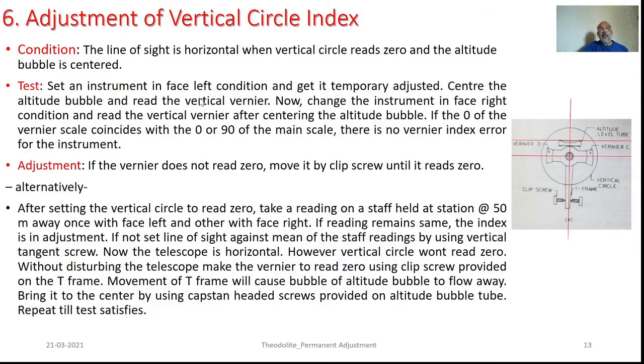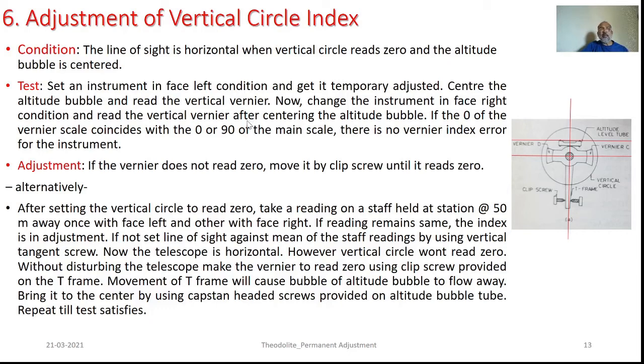Initially, let's set the equipment with the face left condition and get it temporarily adjusted. Now center the altitude bubble tube and read the vertical Vernier. Again, change the face of the equipment and read the Vernier as we center the altitude bubble tube.